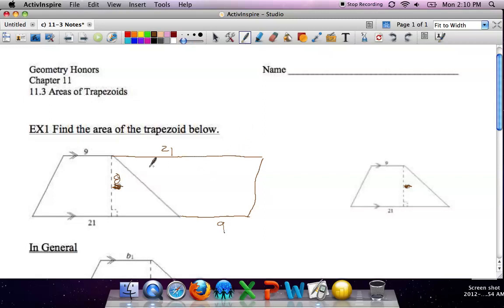But because the trapezoid is half of the whole parallelogram, you can think of the entire parallelogram as 30 times 8, which is 240 square units. But the area of this trapezoid would be half that, and that would be 120 square units.